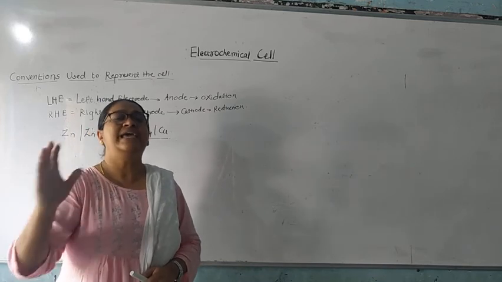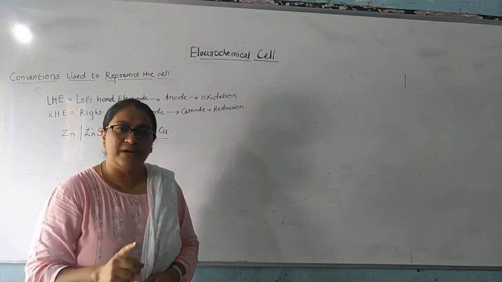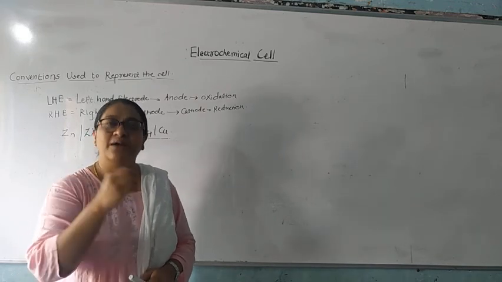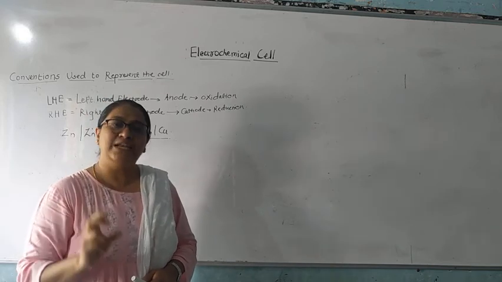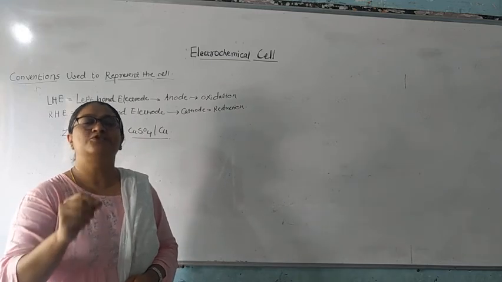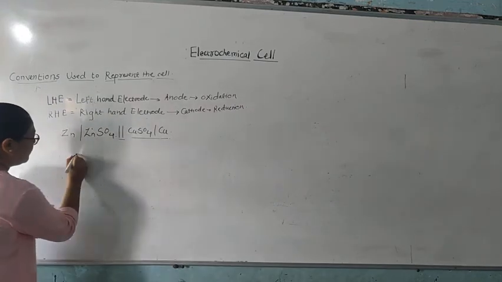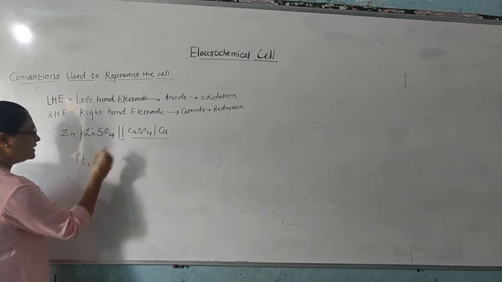So in every case of a gas electrode, we have to incorporate the inert metal in the representation also. In a chlorine gas electrode also, a platinum electrode is used, so platinum has to be incorporated in the representation. For example, this is how it is denoted.